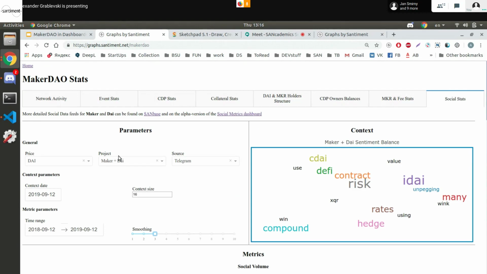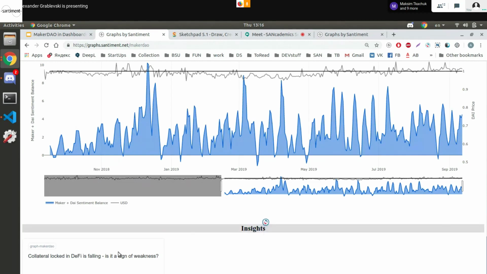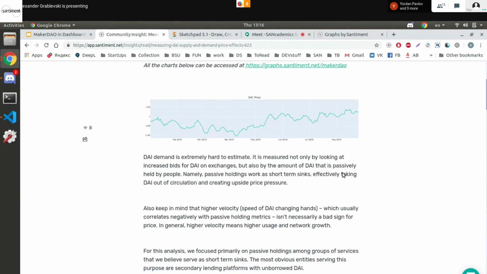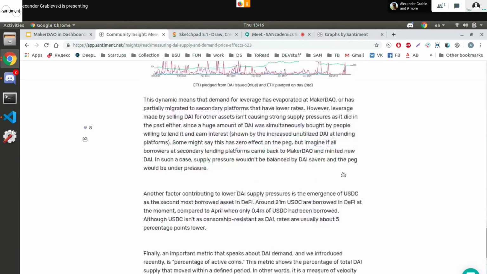That's basically it. And the one thing you see on all graphs is the insights section. Those are insights written by our experts and actually any person who wants to join the platform. So if you publish an insight about the MakerDAO community, it shows up here, creating a collection of different insights and interesting things that happen across the network.